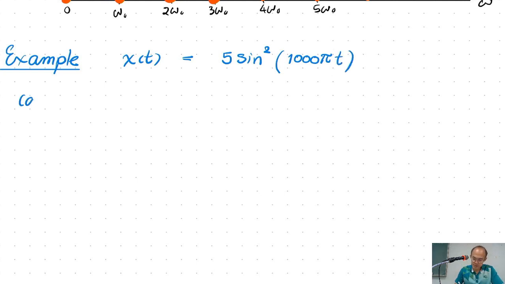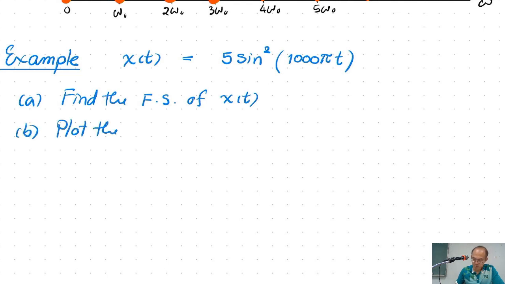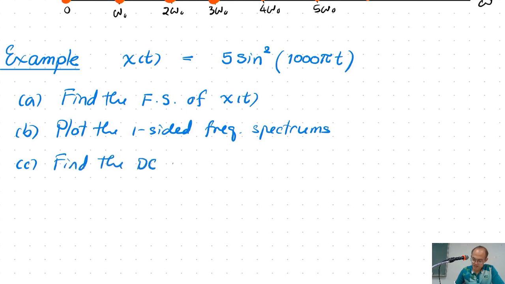I'm going to ask you to: A, find the Fourier series of x; B, plot the one-sided frequency spectrum; and C, find the DC component.